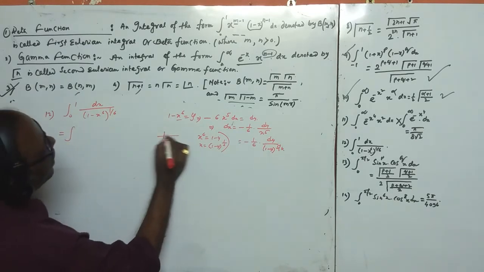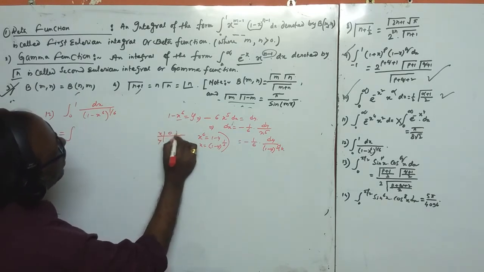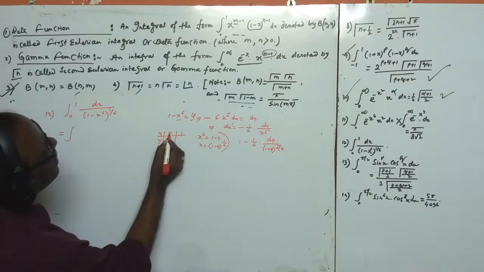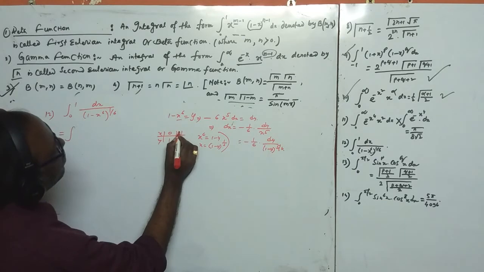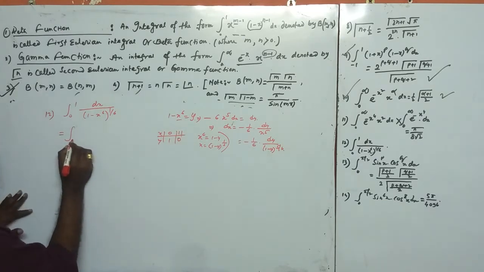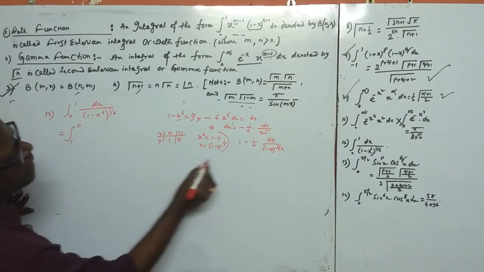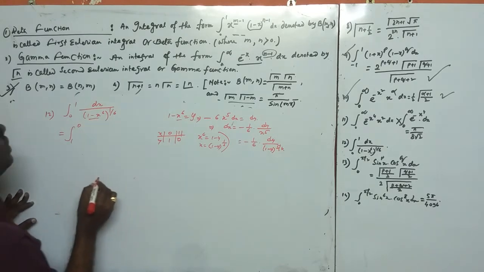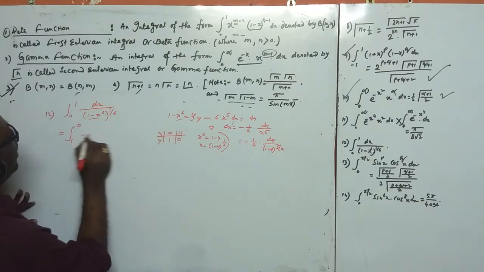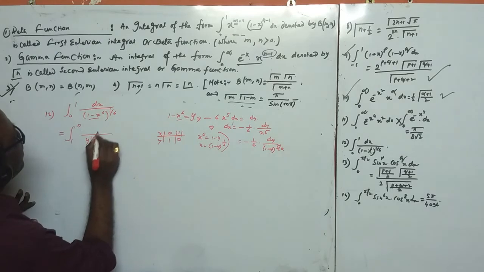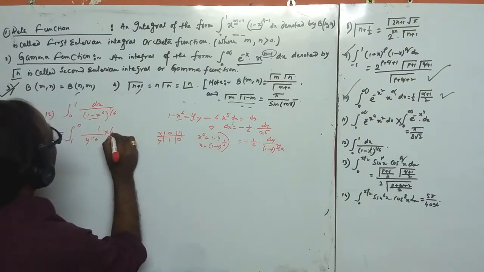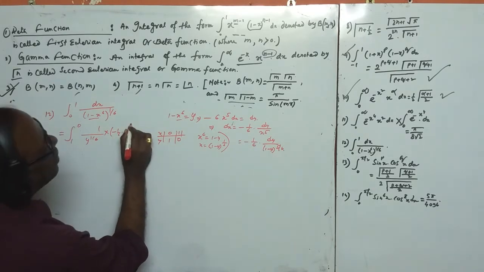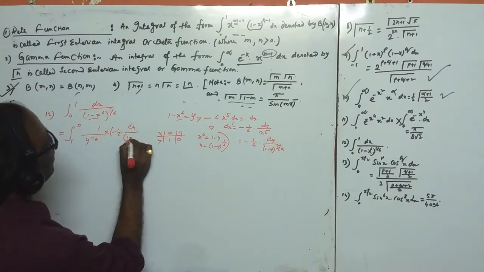If x is 0 then y is 1, and if x is 1 then y is 0. So the limits are 1 to 0 here. The integrand is y to the power 1 by 6, and dx means minus 1 by 6 dy by 1 minus y to the power 5 by 6.